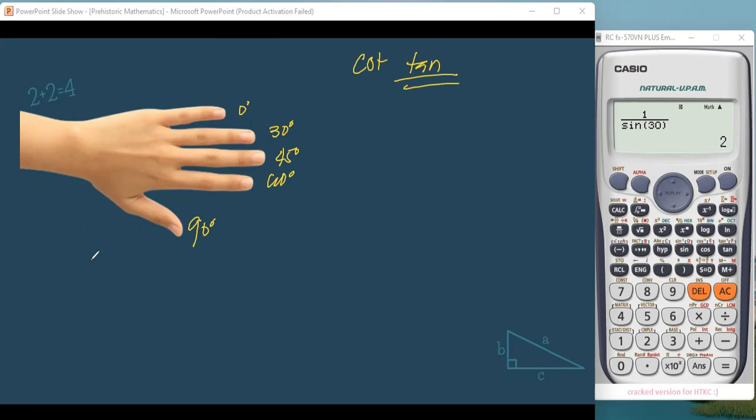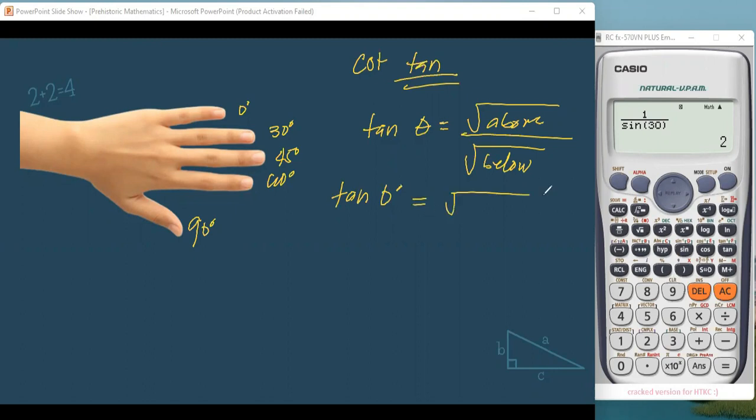Ang tatandaan naman po natin kay tangent is always tangent theta is equal to the square root of the number of fingers above over the square root of number of fingers below. So ano pong ibig sabihin niya? So for example, we have tangent 0 degrees. That will give us how many fingers are there above 0? So there is none. So we have 0 here. The square root of how many fingers are there below 0?